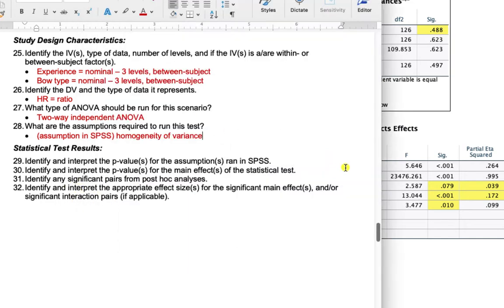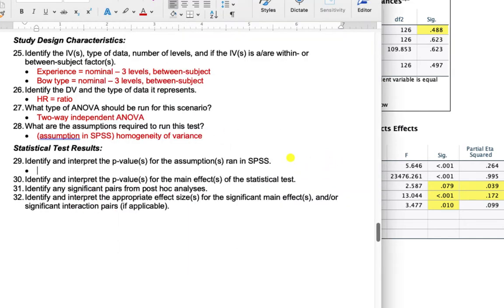So in our answer sheet, we can stick this in. As p is equal to 0.488.